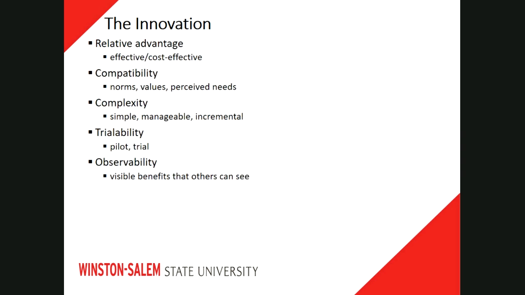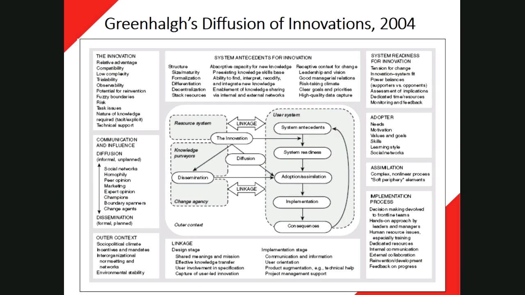To go back to the model itself, it looks at these various things: the innovation, the system antecedent, system readiness for innovation, the adopter, and whatnot, and lays out how these components in this model interact to facilitate diffusion.